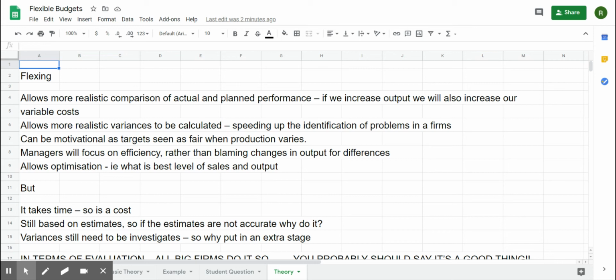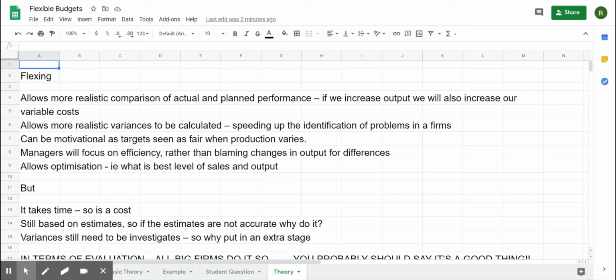It will also focus managers' minds on efficiency rather than just saying, well, there's been a change in output. We've sold 1,500 extra units. Therefore, I would expect my costs to be wrong, and therefore, I am not going to look at my costs now.